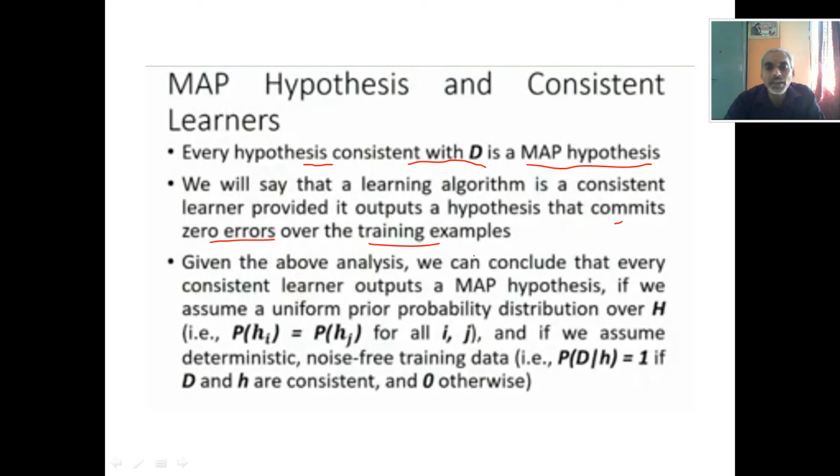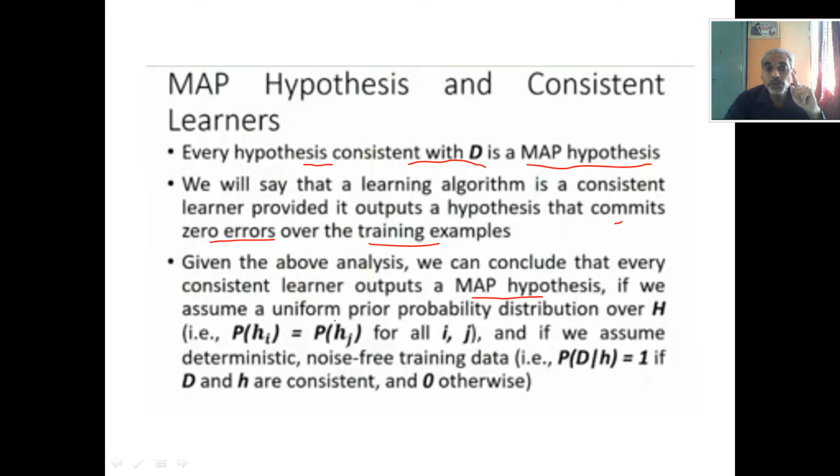Now given the above analysis, we can conclude that every consistent learner outputs a MAP hypothesis, right? Because it is going to reduce the error, the one having maximum probability will obviously be your MAP hypothesis.